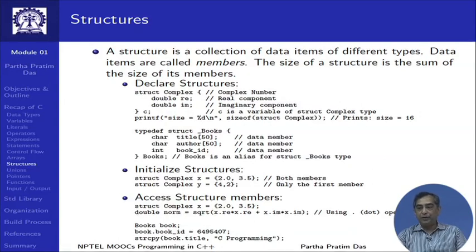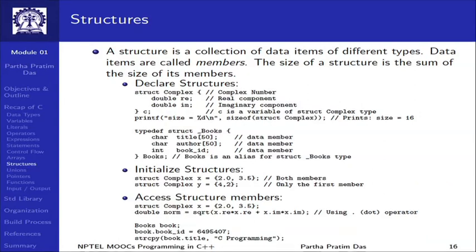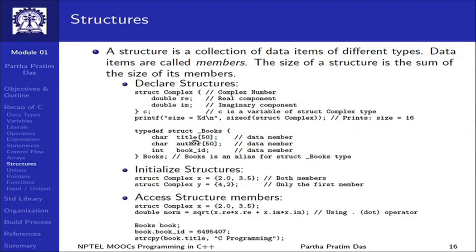It is kind of a misnomer, but historically this keyword has been used and it continued to be used in C, but it is basically a type alias. It is just another name given to the struct complex or the struct books as we have. It just makes it easier. So, if you have a typedef, then you can directly use it.